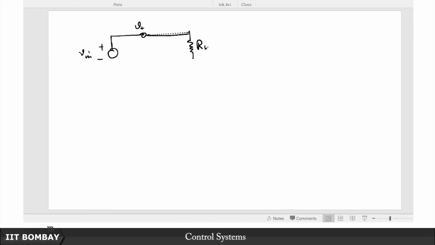So now I am putting an R in, which may be a very high value, but still it is not infinity, okay. So that is my R in, and this is going to be my V minus, okay, at this node.